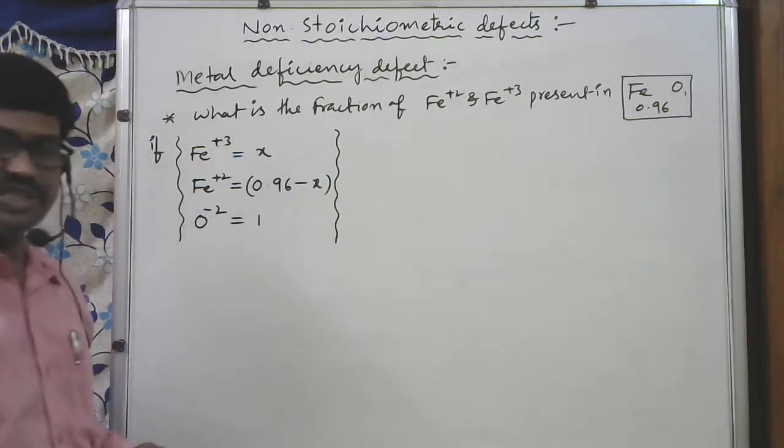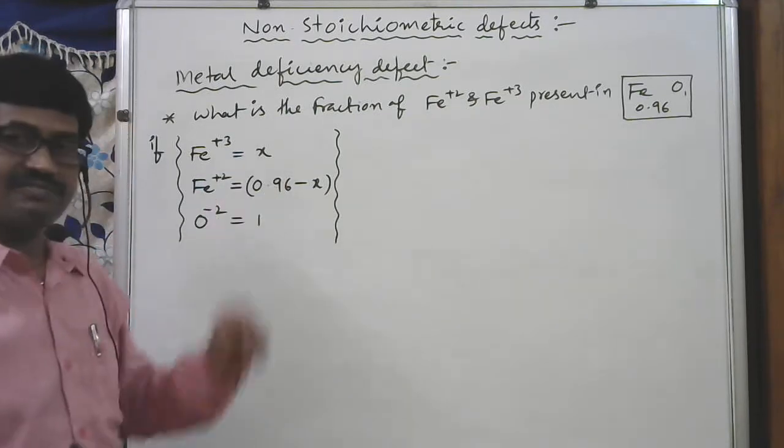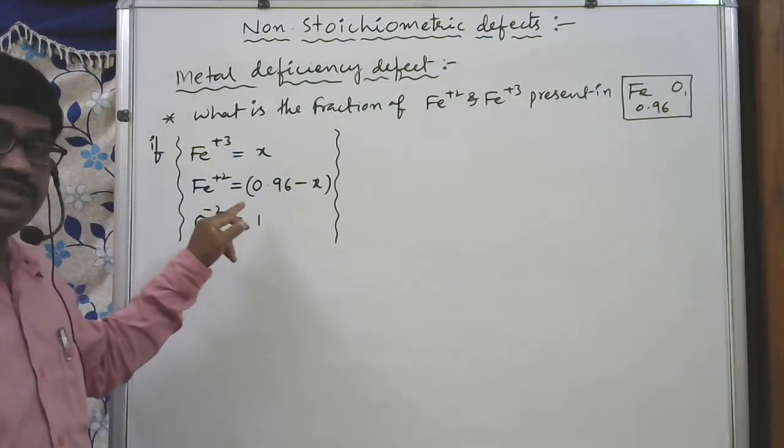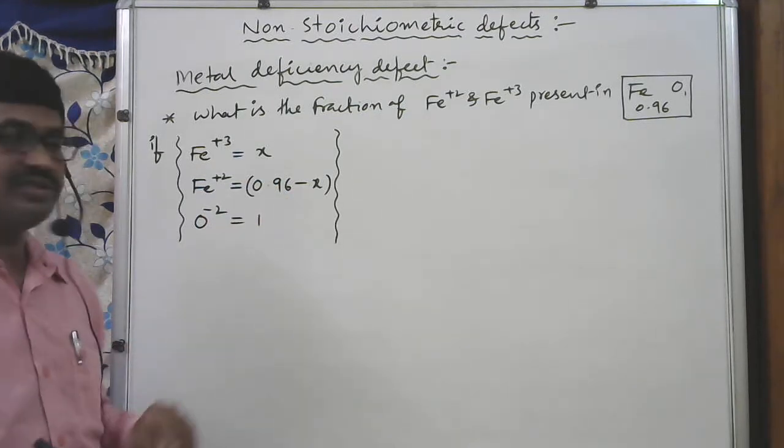How many Fe plus 2 ions are present? The number of Fe plus 3 ions I am assuming as X. Fe plus 2 ions are 0.96 minus X. O minus 2 is 1.